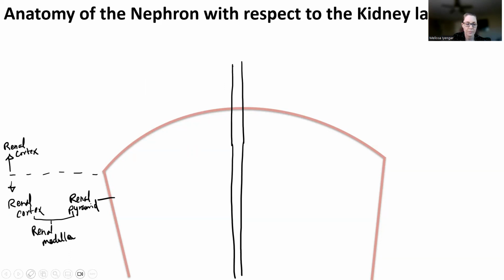So there's that one. But essentially, what it would really look like is that your renal corpuscle is probably right about there. So you have a renal corpuscle, maybe right about there. You'll have a proximal convoluted tubule again.